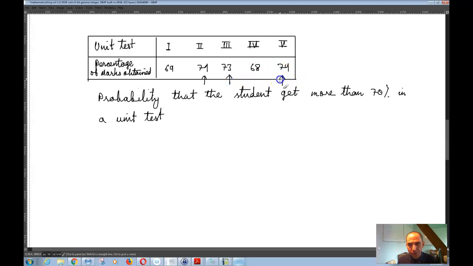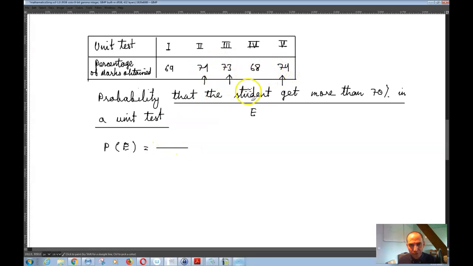and here. So 3 times out of 5. If I call this event E, then P of E would be equal to the number of times that this event happened, which was 3, and the total number of exams that we had was 5.